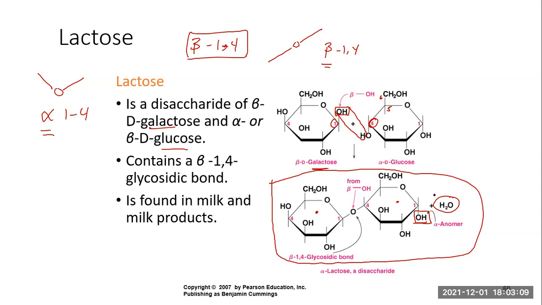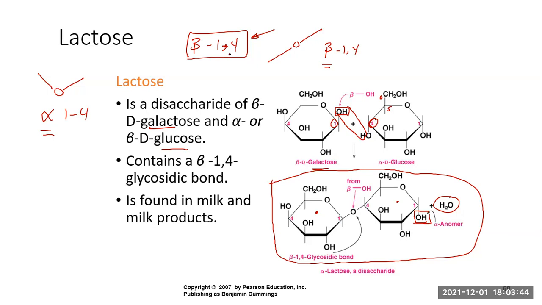Now, sometimes people have trouble with lactose because they have a hard time breaking this bond, and they become lactose intolerant because they have a hard time processing and breaking that bond correctly. Any questions on that? So again, you need to know lactose is made up of galactose and glucose, and it's held together by the beta 1,4 glycosidic bond. Any questions on that?